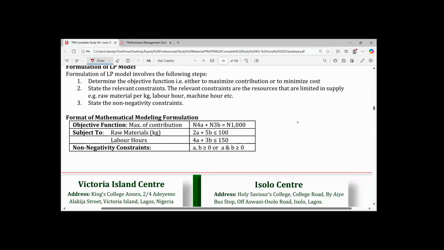Then we talked about the methods of determining optimal production plan using graphical method. We talked about the concept of shadow price, including the method of determining shadow price. And we stopped at increase the number of constraints by one.